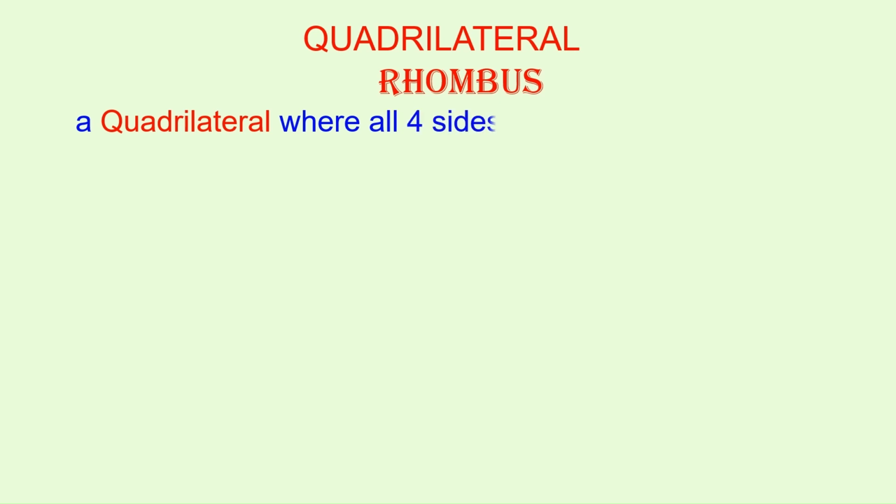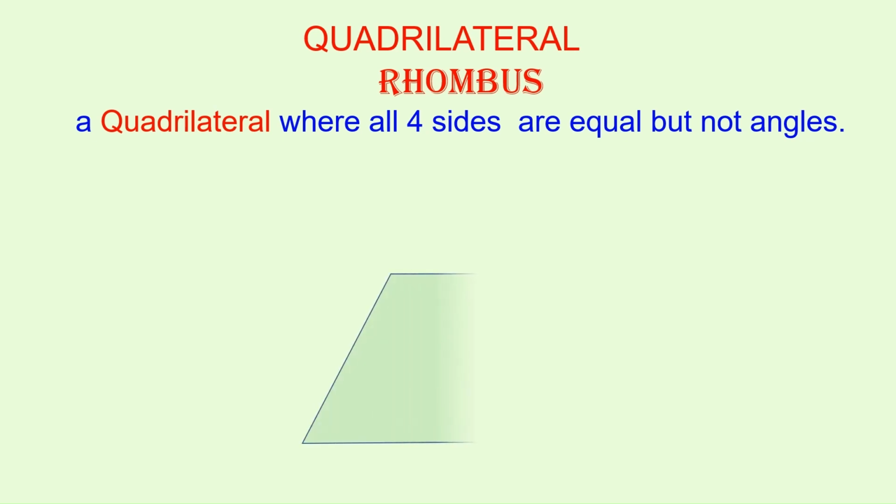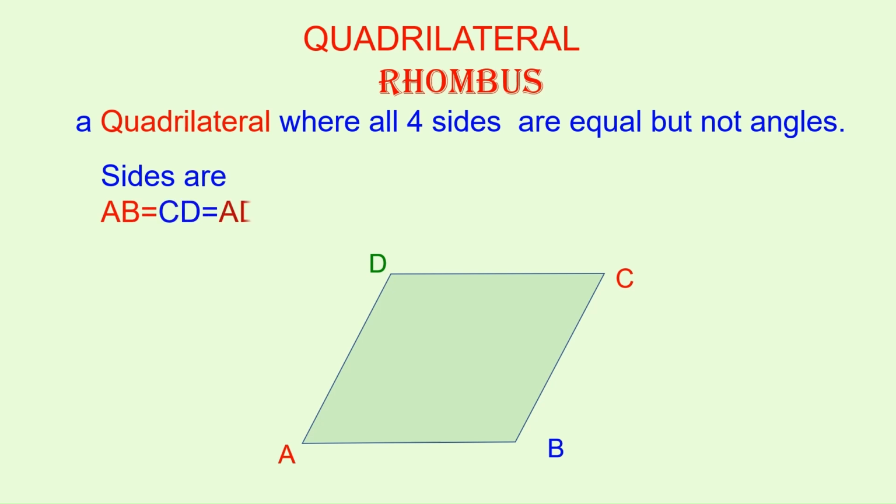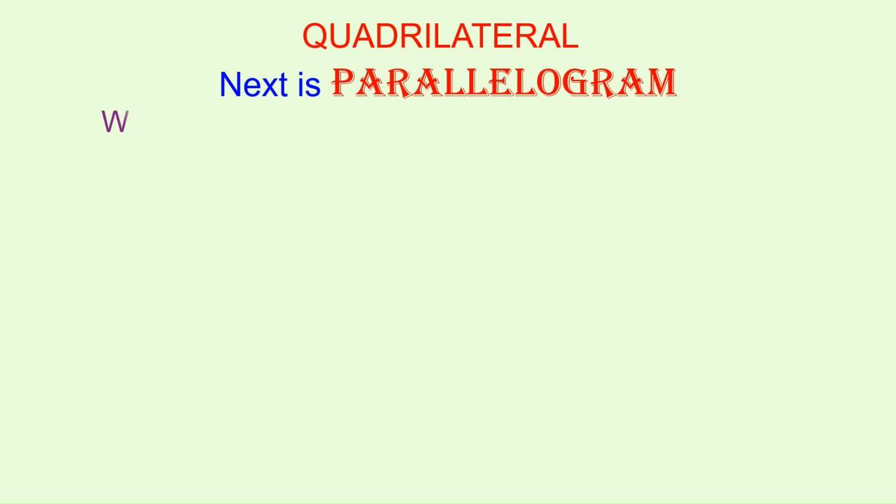Rhombus. A quadrilateral where all 4 sides are equal but not angles. Next is parallelogram.